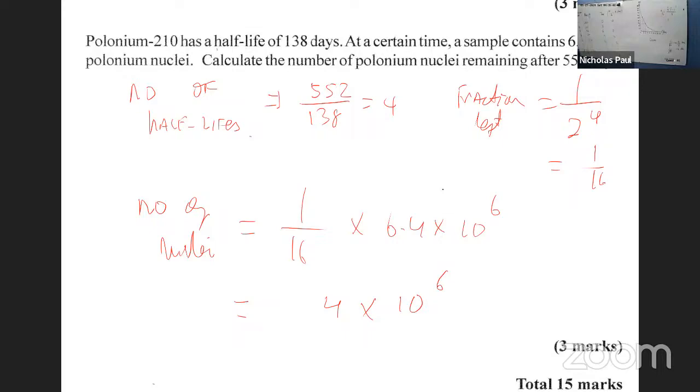And after I got the number of half-lives, what did I do? No, not multiply. I found the fraction left by using the fraction left formula. And after I figured out the fraction left, what did I do? Multiplied by the initial amount. The initial amount could be in grams, it could be in nuclei, it could be anything. I want you to understand the concept. So I found the number of half-lives after the time period, and after that I found the fraction left.